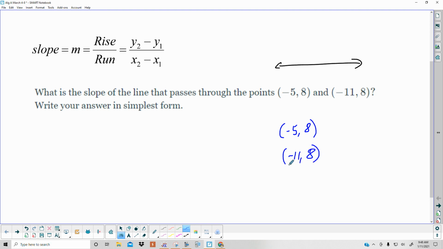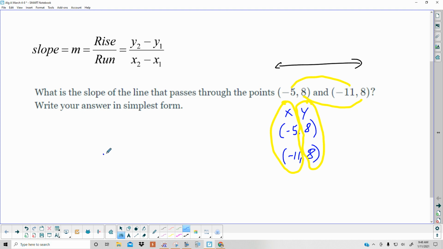I just wrote them one above the other. The reason I did that is because these are all your x's, these are all your y's. It groups them together, rather than having to figure out which are my x's and which are my y's.